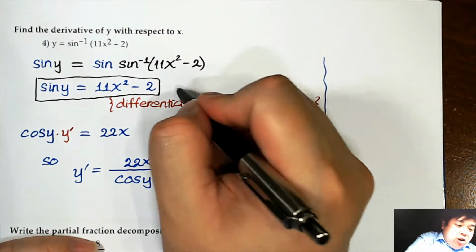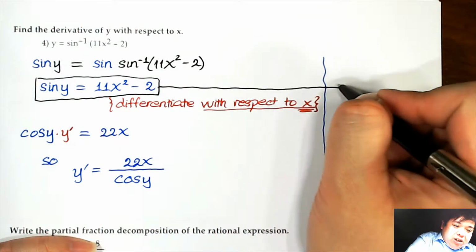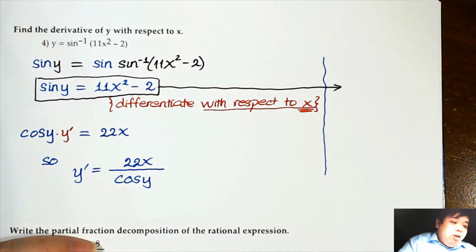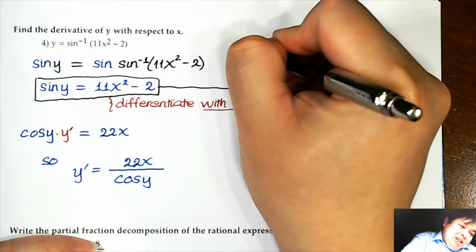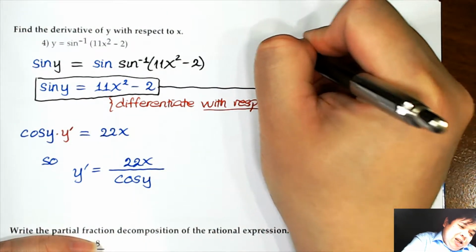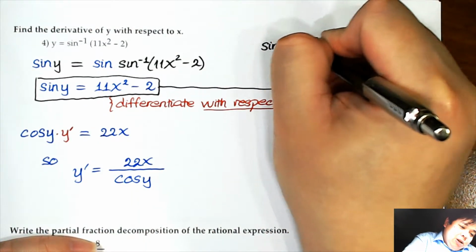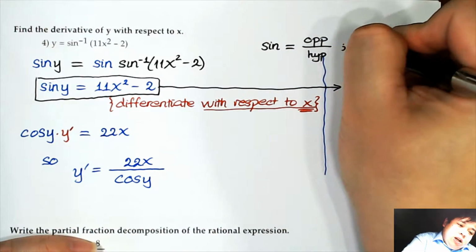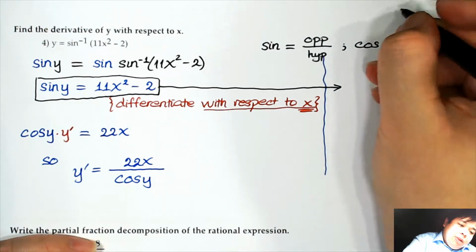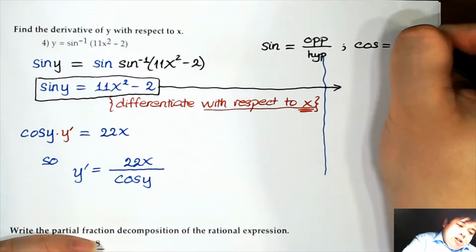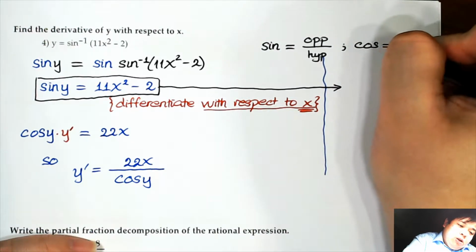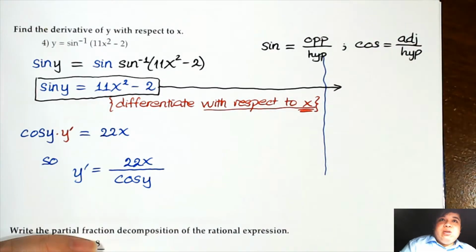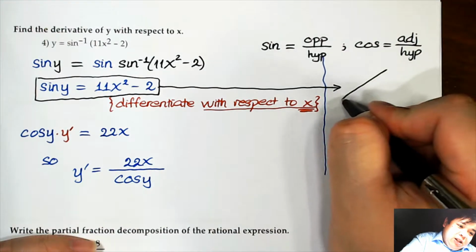So go back to the fundamental of the trigonometric function. The sine function is equal to the opposite over the hypotenuse. And then cosine is adjacent over hypotenuse. So that's the most fundamental of trigonometric function.